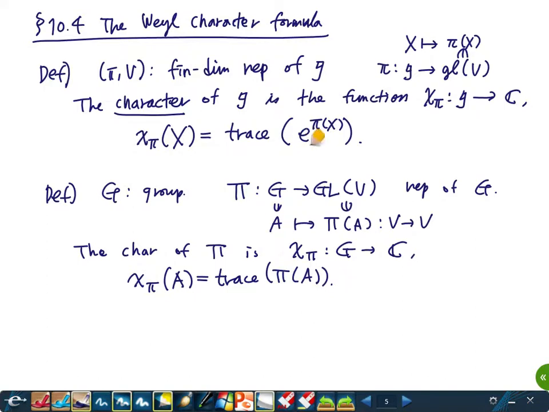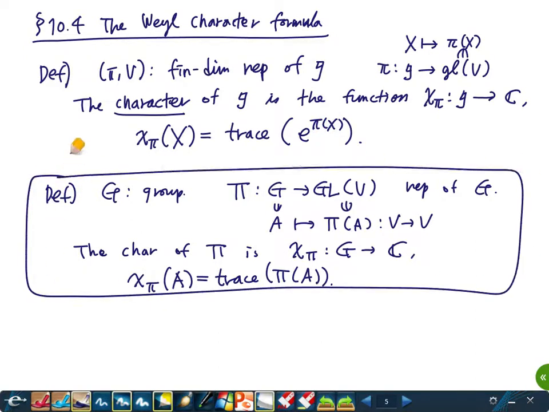But for Lie algebra representation, we have e to the pi of x instead of just pi. Because if you remember, we have a natural correspondence between Lie algebras and Lie groups, right? So recall. By the way, we are not going to use this. We will be only using this. But I'm explaining this because why is this natural?